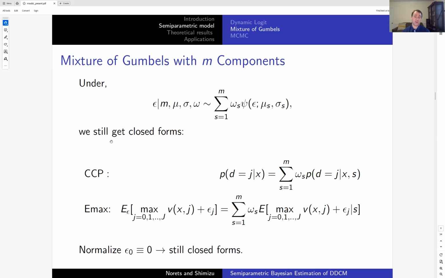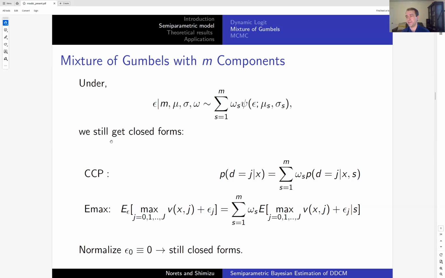And it turns out that if you still preserve this location-scale form of extreme values, with one of the epsilons fixed to 0, you still get analytical expressions. They will be a little bit uglier than this nice exponent divided by the sum of exponents and log of sum of exponents, but they are still represented in terms of known functions with known derivatives that MATLAB can compute.